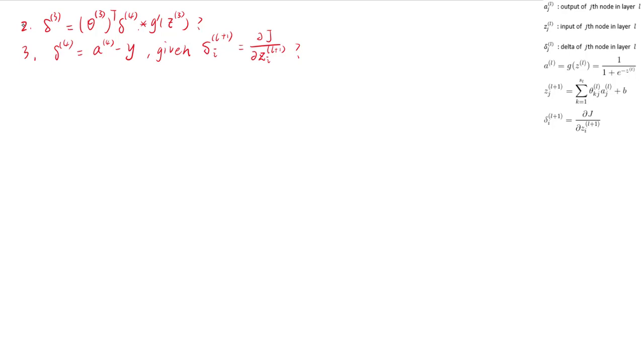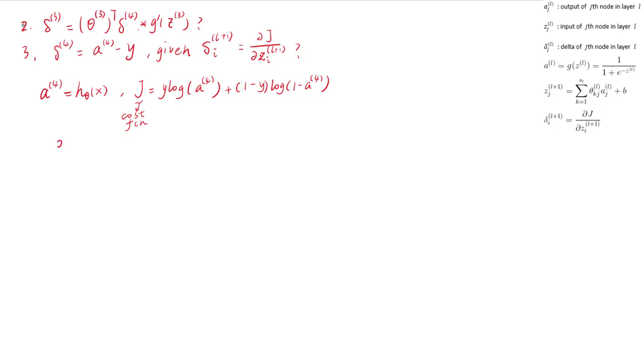So since we have a4 equals h theta x, J, which is the cost function, equals y log a4 plus 1 minus y log 1 minus a4.